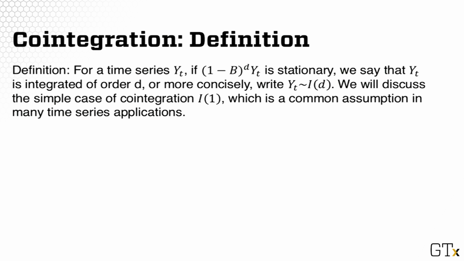If d is equal to 0, then the time series yt is stationary. Thus, we do not need to take any difference to make it stationary. When d is equal to 1, then only a first-order difference is sufficient to obtain a stationary time series.